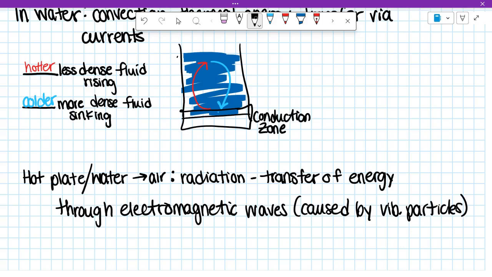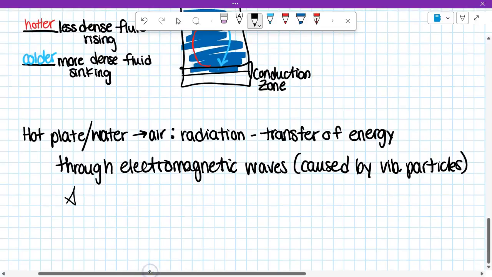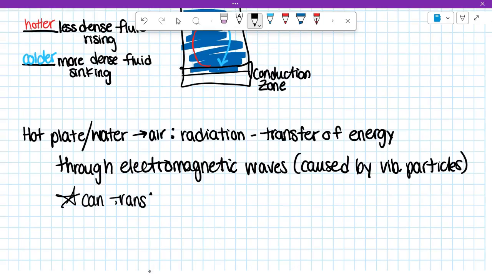So in the hot plate, as the hot plate heats up, the individual particles in the hot plate start vibrating faster and faster, and those vibrating charges create electromagnetic waves, which allow for the transfer of energy through space. Now, what's really cool about radiation is we can transfer energy through actual space, right, where there is a vacuum.